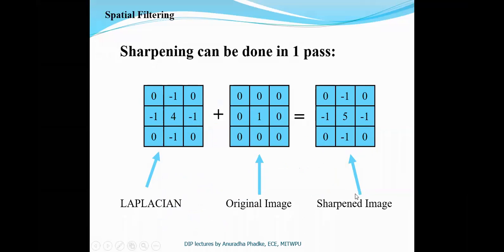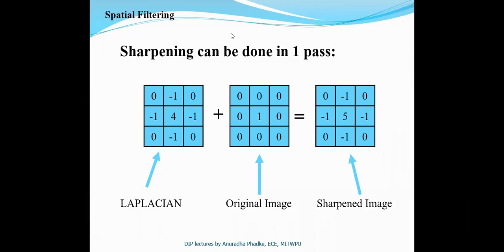So in order to sharpen the image by preserving the background, we can directly apply this mask on the given image. Okay, so this is also Laplacian mask, but this Laplacian mask is used for image sharpening, and this Laplacian mask is used for image smoothing.